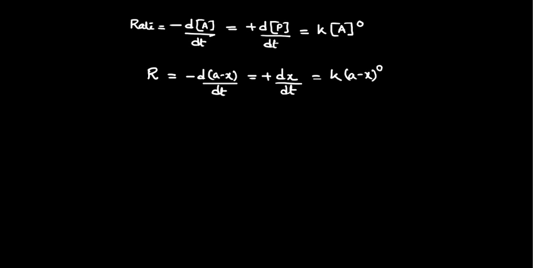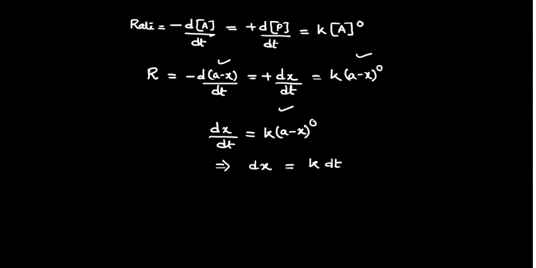Either we can equate this with this, or this with this. So we are equating dx by dt is equal to k (a minus x) to the power 0. Now we all know that anything to the power 0 is 1. So from here we can write dx is equal to k dt.